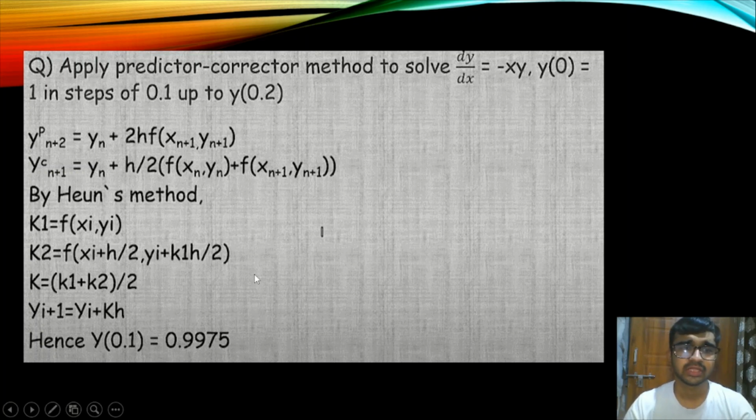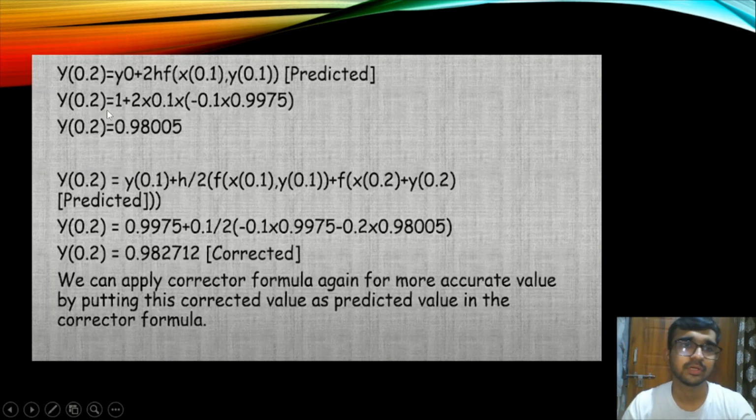So in this way, when we do this whole method, we find the value of y(0.1), that is our y1, because our y0 was 1, and y(0.1) is our y1, and we have to find the value of y2. So next we will find the value of y(0.2).